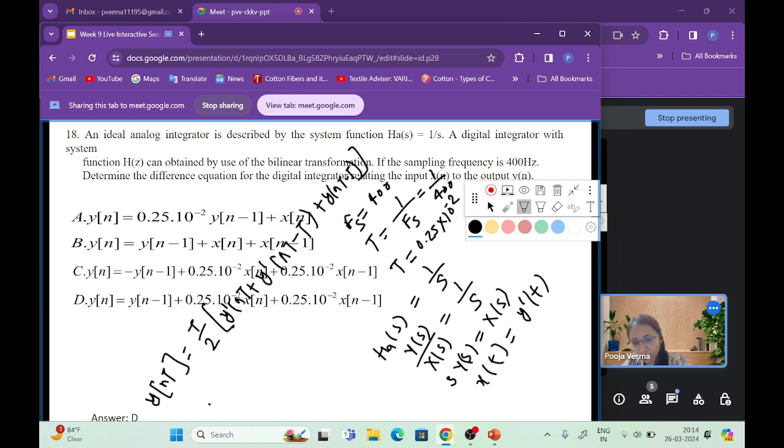Now by putting in this equation for y(nT), T is given as 0.25 into 10 to the power minus 2. So 0.25, if we take 10 to the power minus 2 down, then it is 2 into 10 to the power 2.